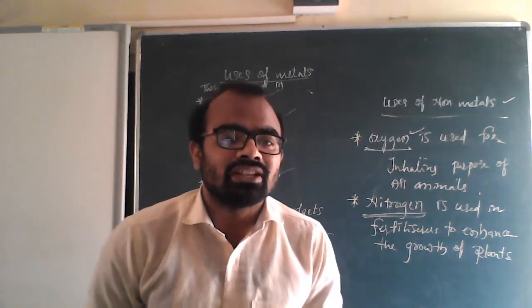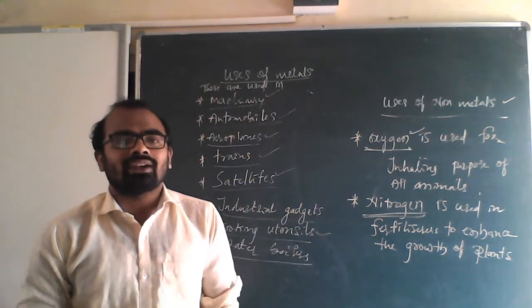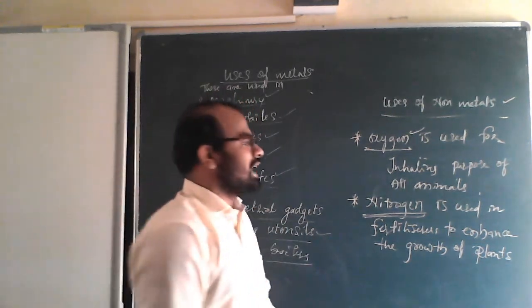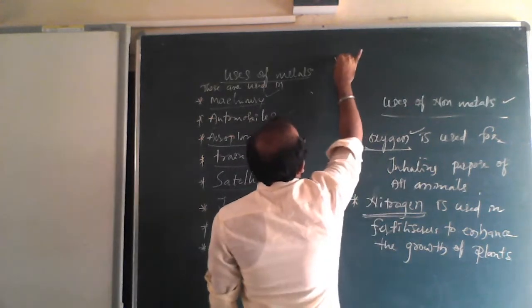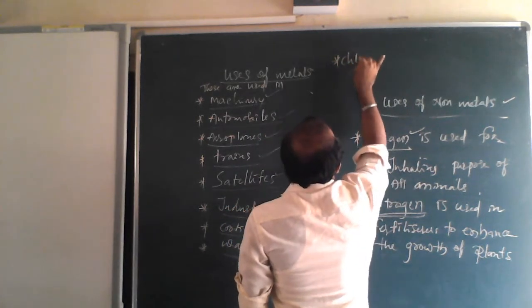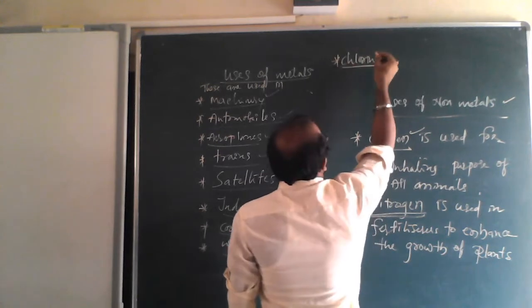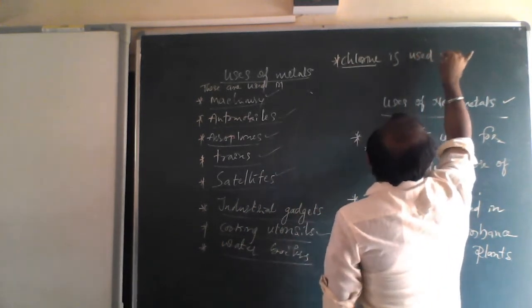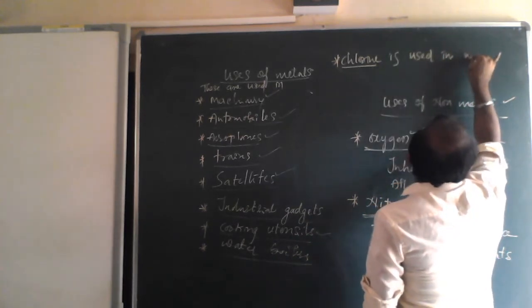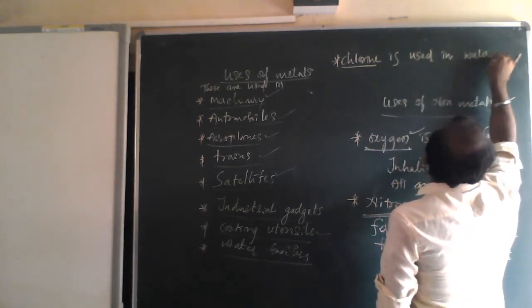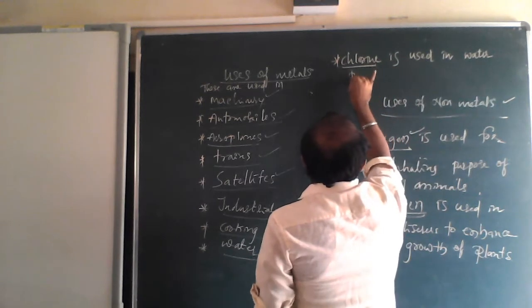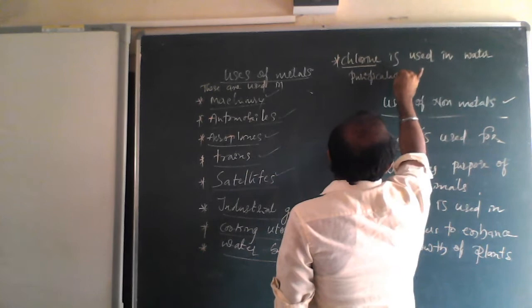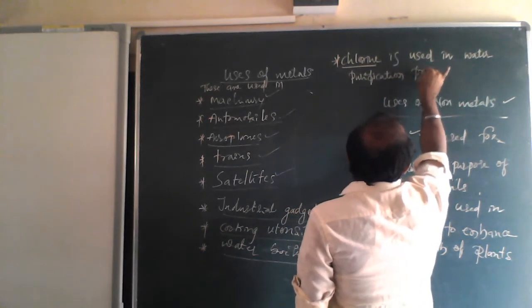Which chemical they will use is one non-metal that is used for the water purification process. That we can call as chlorine. This is a non-metal used in water purification process.